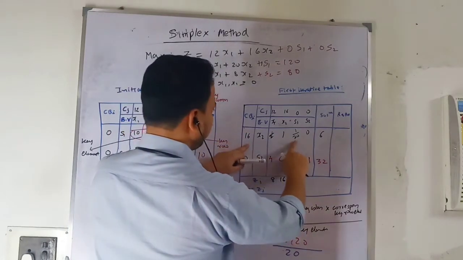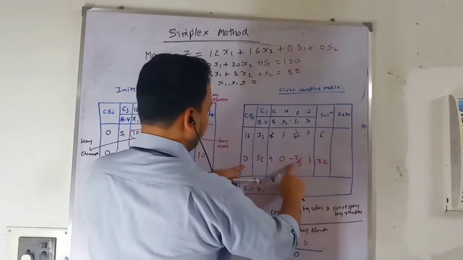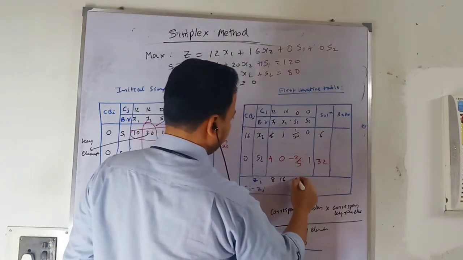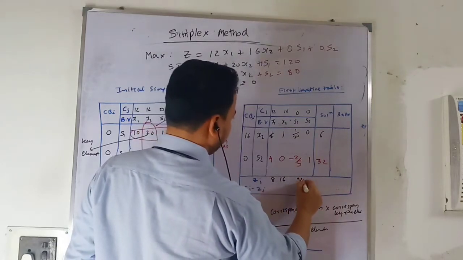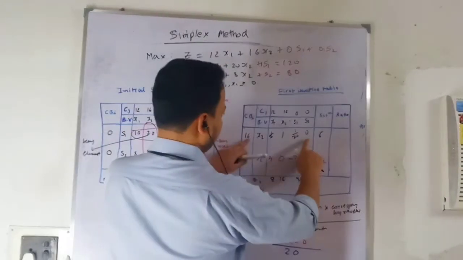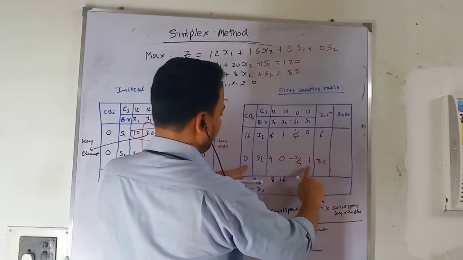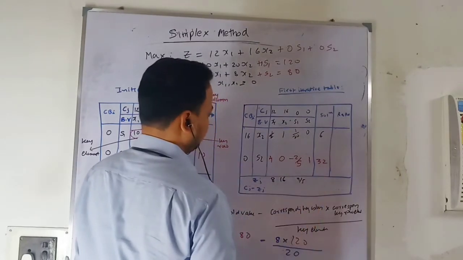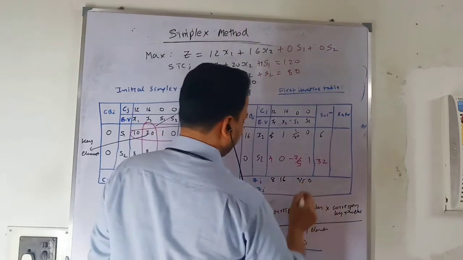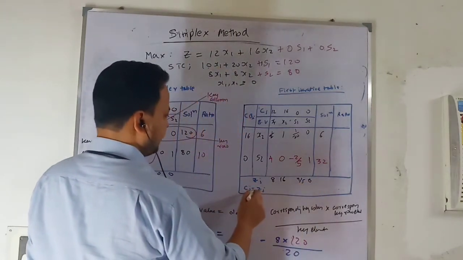Okay. 16 into 1 by 20 plus 0. How much? 4 by 5. Everybody got it? 16 into 0 plus 0 into 1. How much? 0.